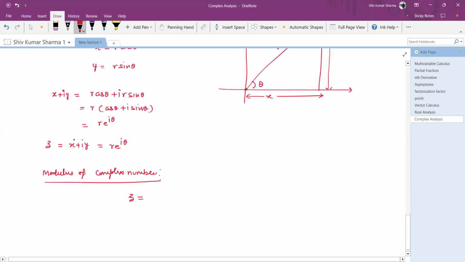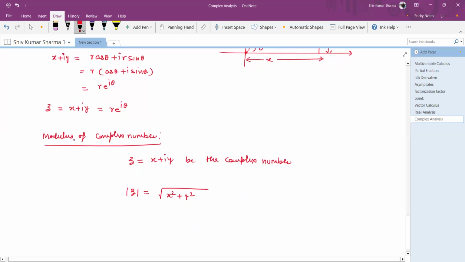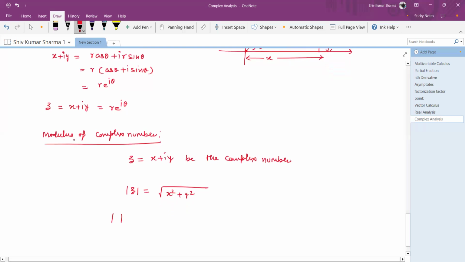So suppose z equal to x plus iota y is the complex number, and the absolute value or modulus of z is equal to plus minus, but we take the positive sign only, square root of x square, the real part to the whole square, plus the imaginary part to the whole square. Because it is the absolute value, this is the modulus. Modulus is a non-negative real valued function.